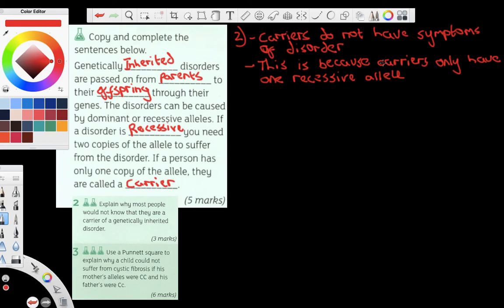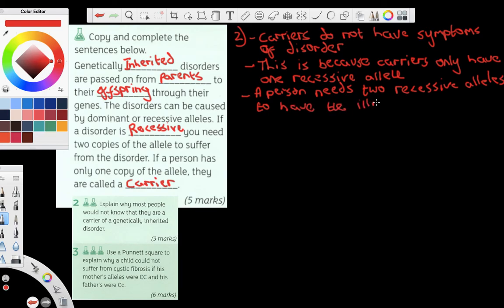And we can say that a person needs 2 recessive alleles to have the illness.